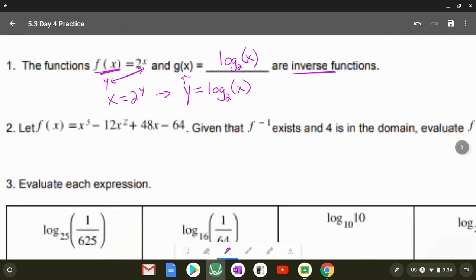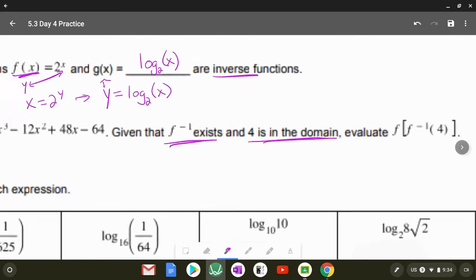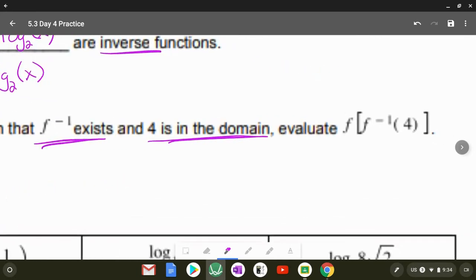For number 2, we're looking back at an old property. It's a polynomial. It says let f of x be that polynomial. Given that this exists and 4 is in the domain, we want to evaluate f of f inverse of 4.